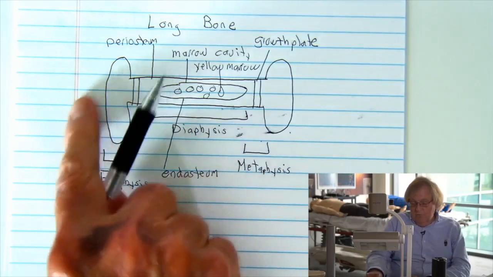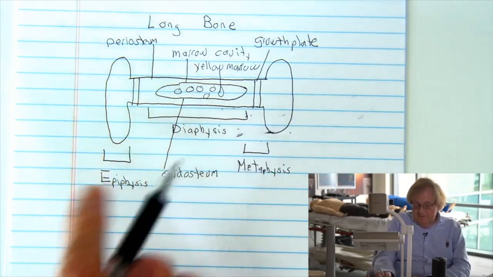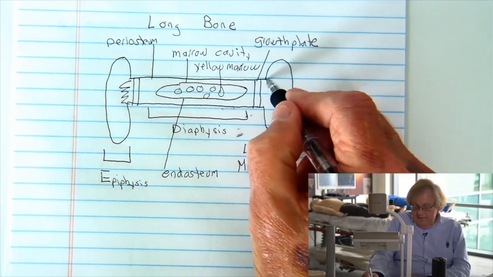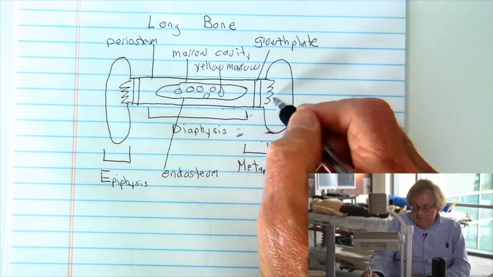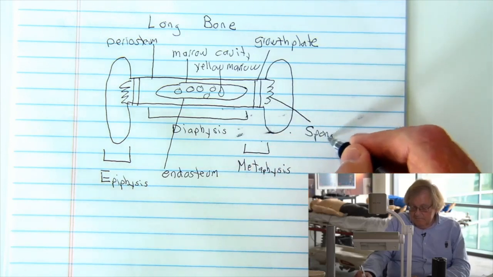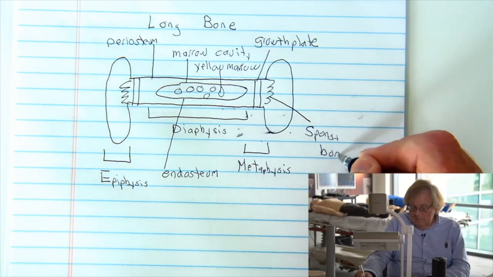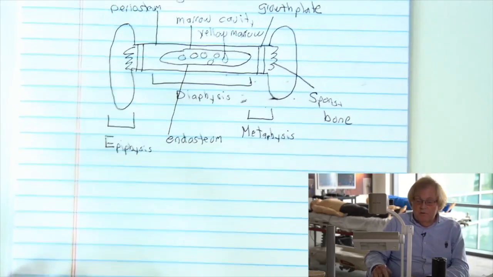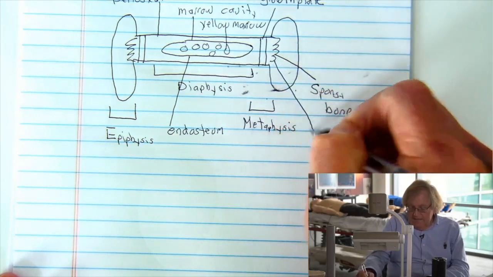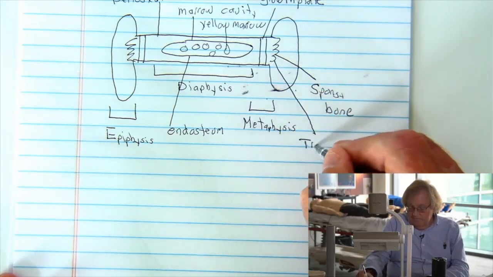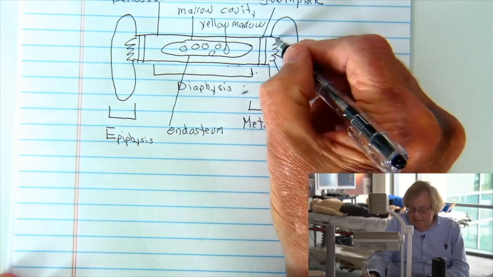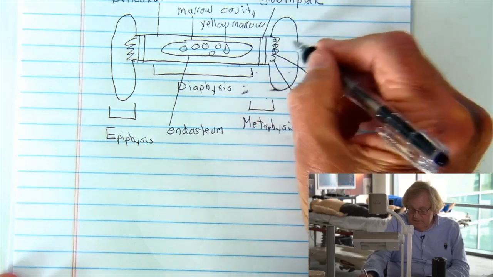As we move towards the epiphysis, or end of the bone, I'm going to find bone called spongy bone. And in that spongy bone I'm going to find my tubules called trabeculae. And inside of those trabeculae I'm going to find red marrow.